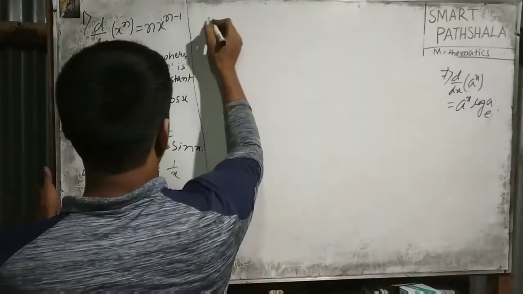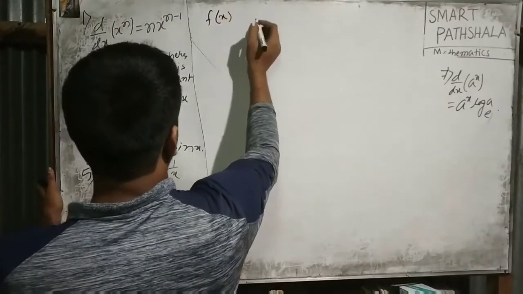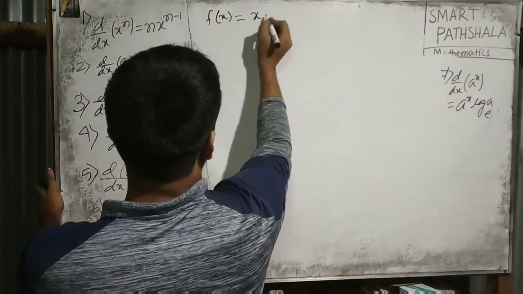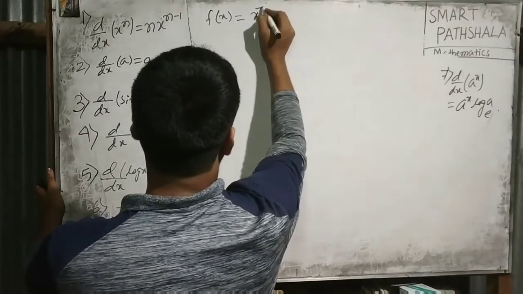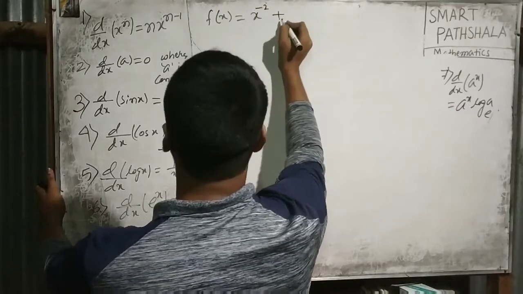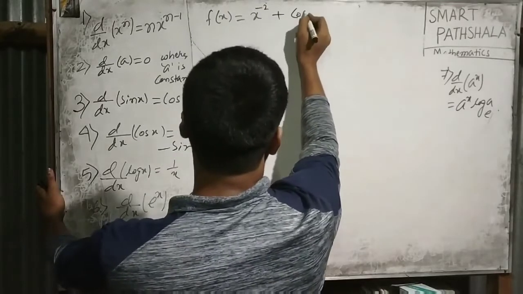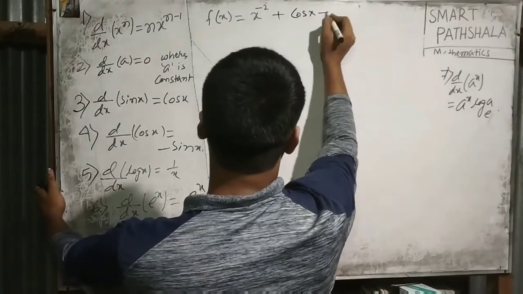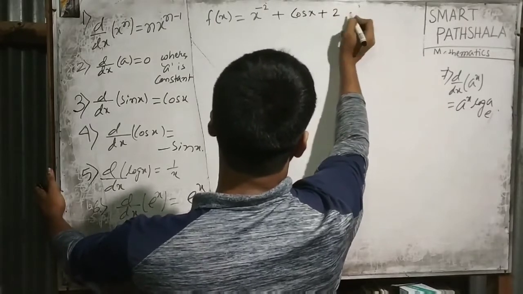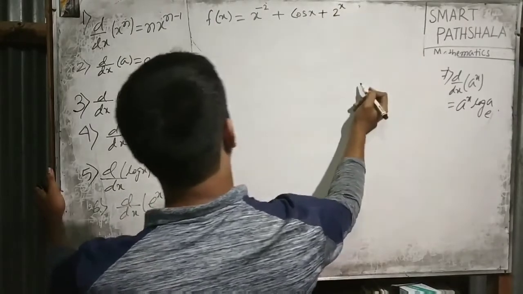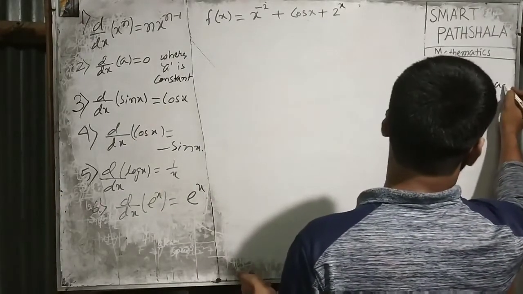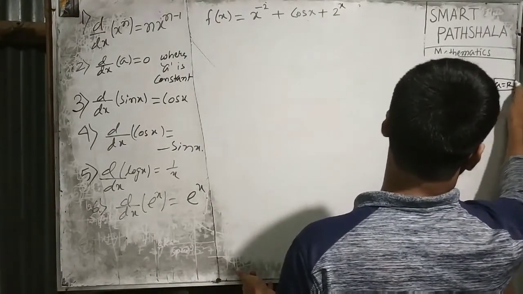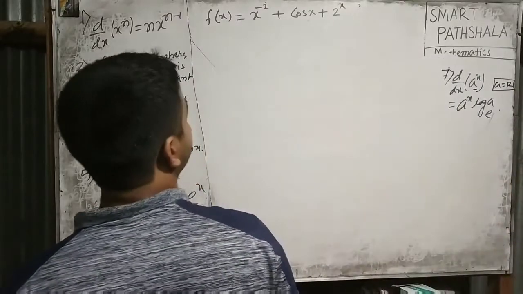Now let's say you are having a function f of x is equal to x to the power minus 2 plus cos x plus 2 to the power x. Okay? Here, a can be any number. A belongs to a real number. Right?